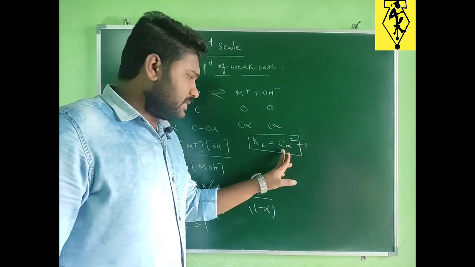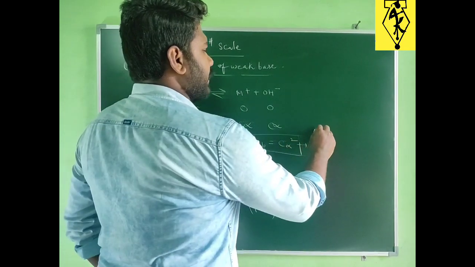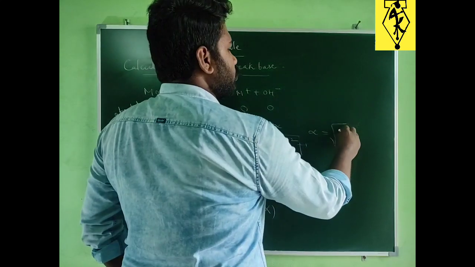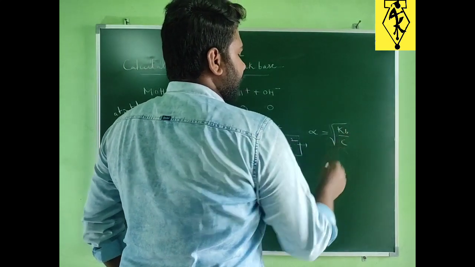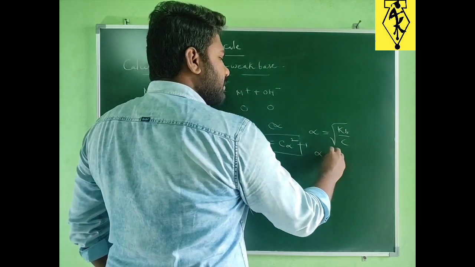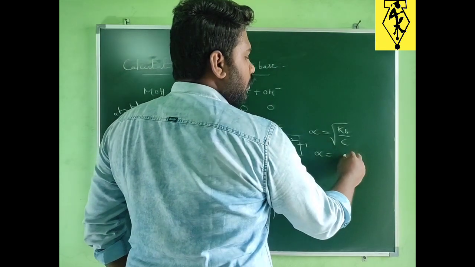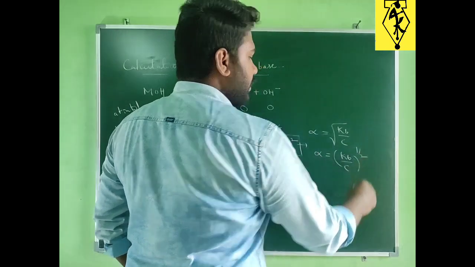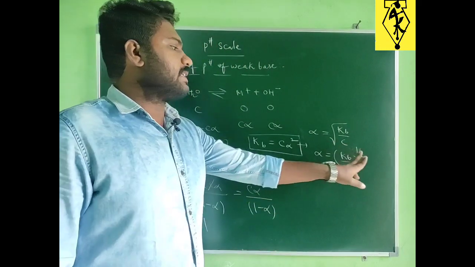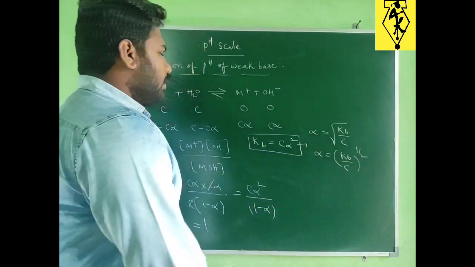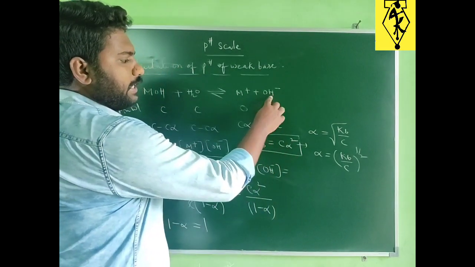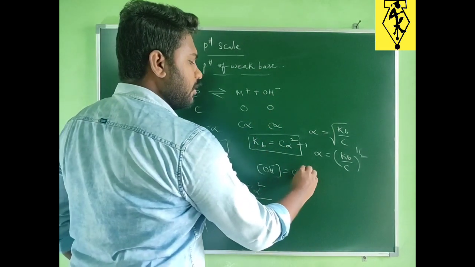Next, from this equation, I can calculate alpha here. So alpha is equals to square root of Kb by C, or this can be written as alpha is equals to Kb divided by C whole power 1 by 2, because we can write square root as whole power 1 by 2. Next, here the concentration of OH minus ion at equilibrium is equals to C alpha.